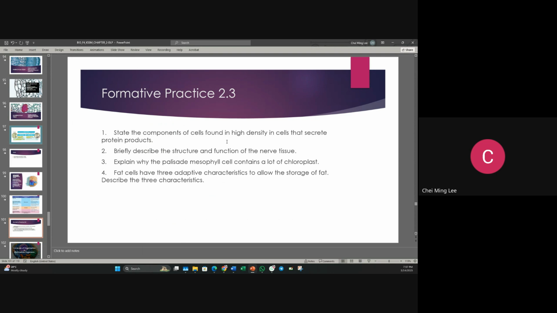Okay, make this your homework. This is from your textbook, formative 2.3.